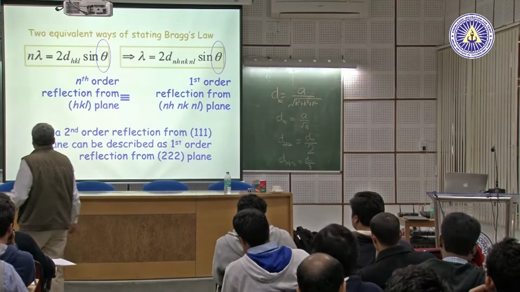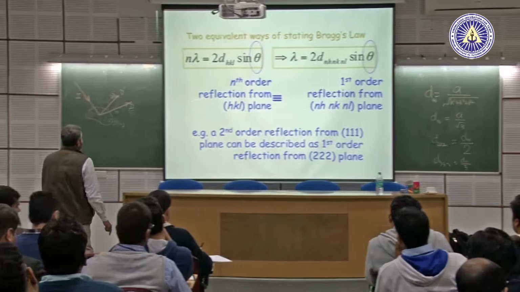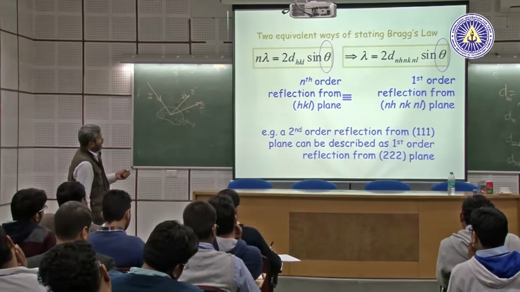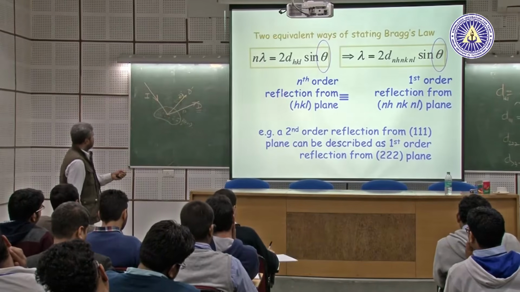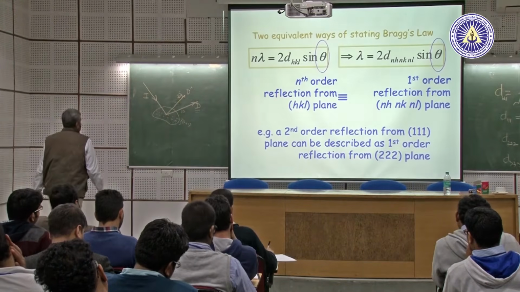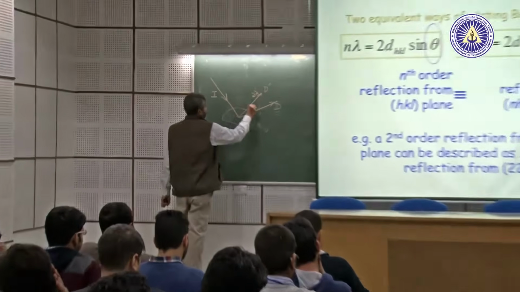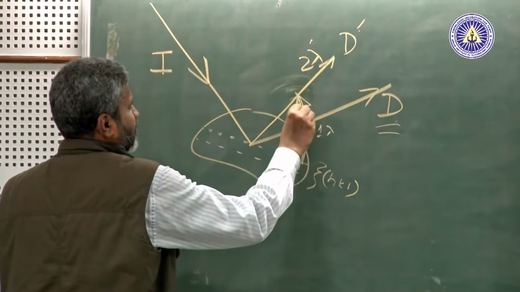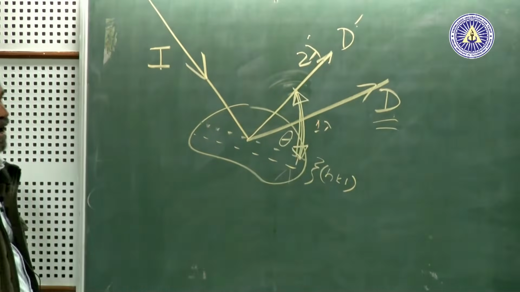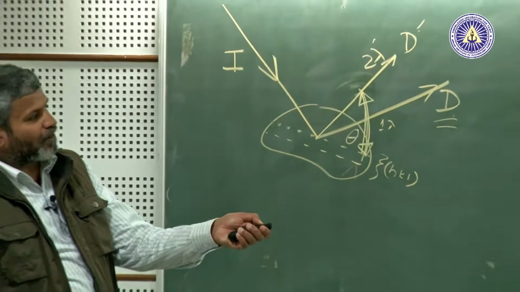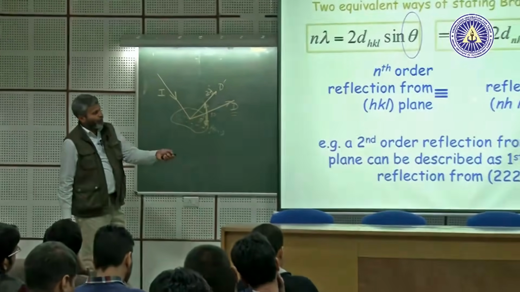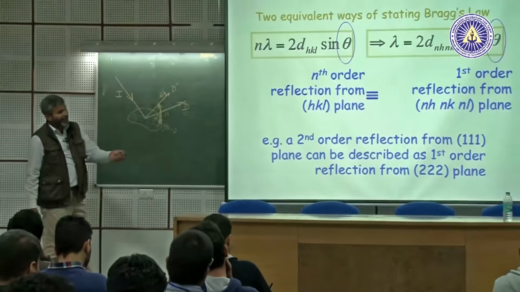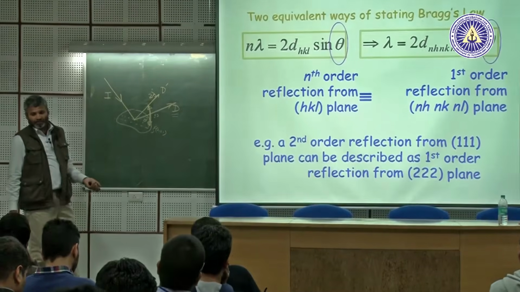No, because the experimental tool which is available to us is this lambda and this theta. So, we see in which direction the beam is coming, so I know the theta, and whether I assume nth order reflection from the HKL plane or first order reflection from the nh nk nl plane, I will get the same theta.